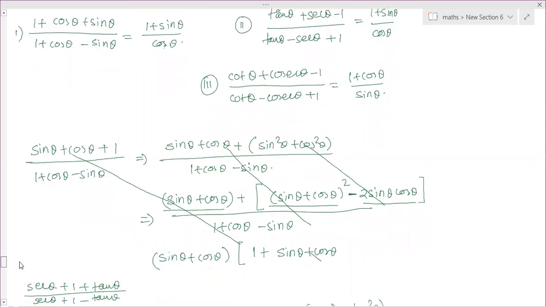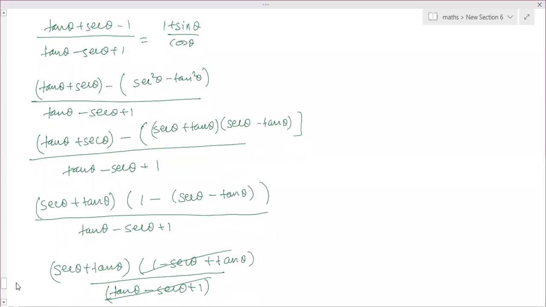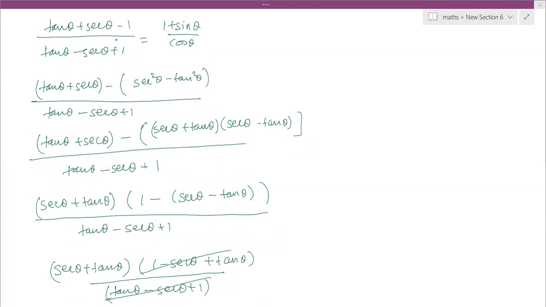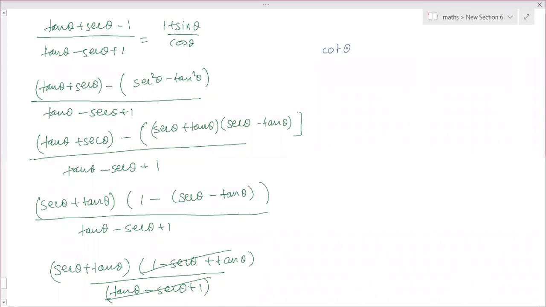Yes, ma'am. Here also the method is same.